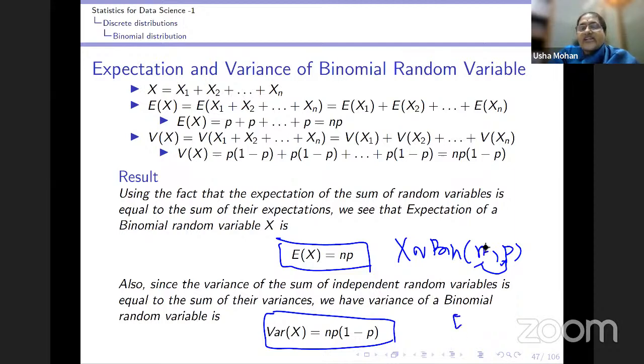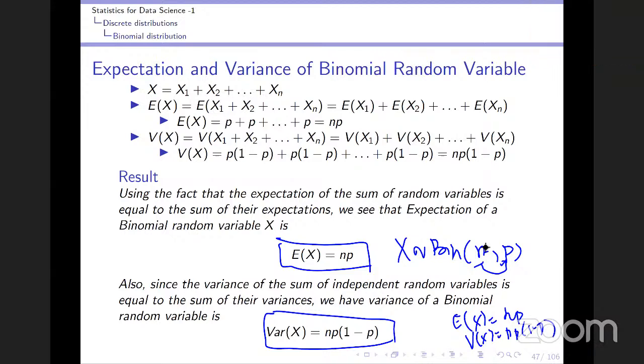I know that the expectation of X is np and the variance of X is np(1 minus p). For the derivation you can refer to the lectures, where I have derived that. Is this clear till here?